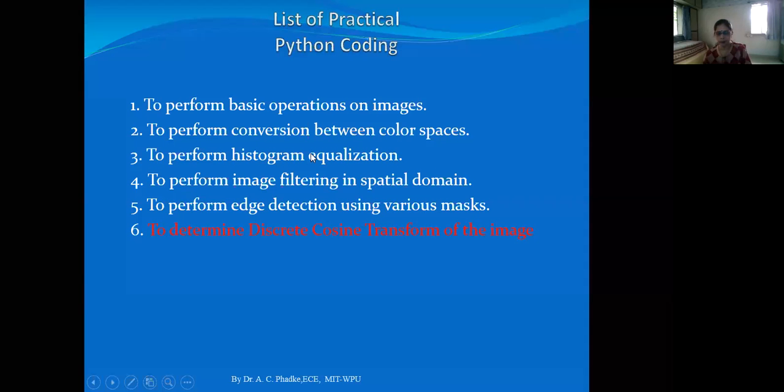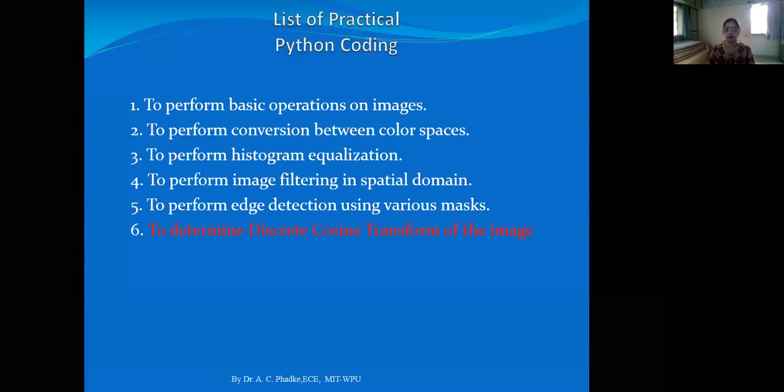So with this brief introduction to the syllabus, now we are going to start with today's lecture. That is, we are going to start with the very first unit, fundamentals of image processing.